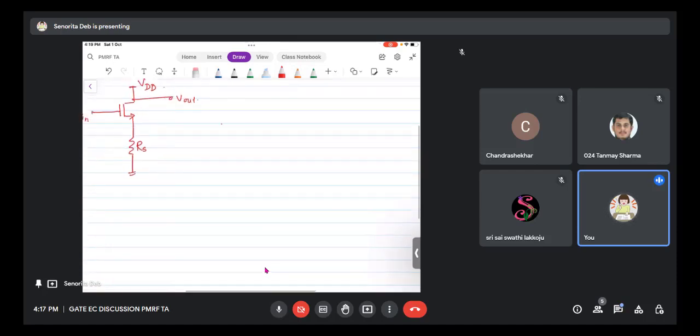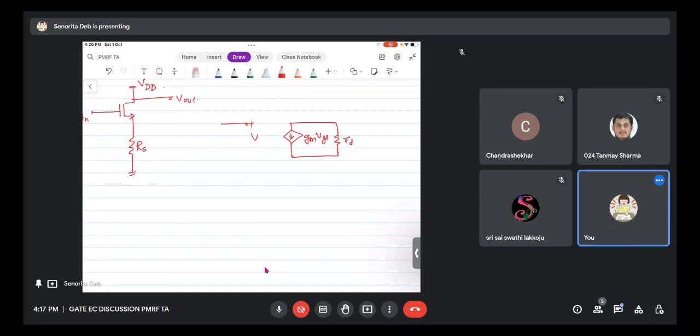So what is the small signal? We had seen in the last class, the small signal is plus minus VGS here, and here it will be gm VGS, r naught or small rd, anything can be written. It is used interchangeably.